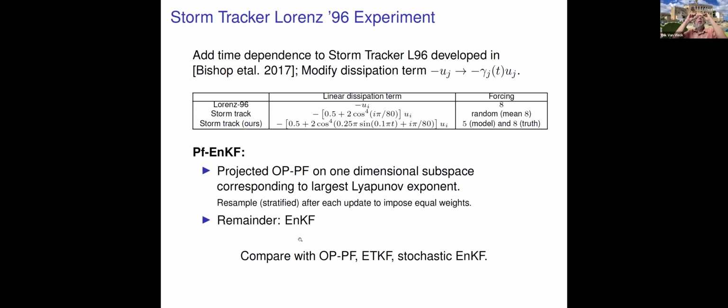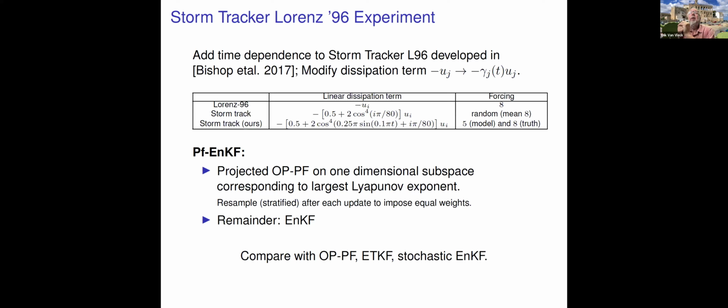Okay, we applied this to what's been coined as a storm tracker L96. So the original L96 has this linear dissipation term. Bishop et al. basically had this dissipation term change with space, and in our storm track model, we had it change with both space and time.